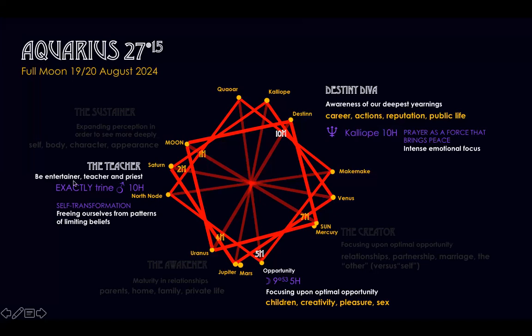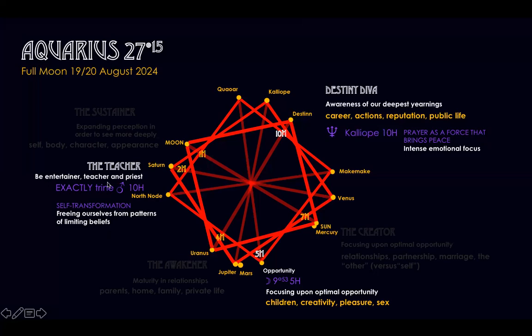And the entertainer part is underlined by Opportunity, which, if you recall, was about laughter. That was its first line. And then the priest part is underlined by this prayer as a force that brings peace. And then obviously doing the work internally first.